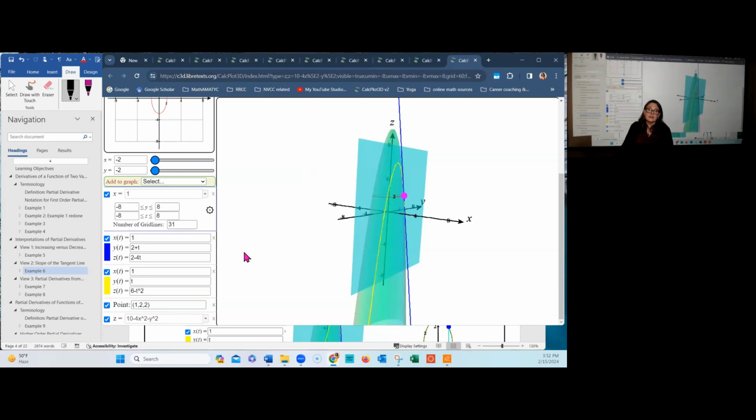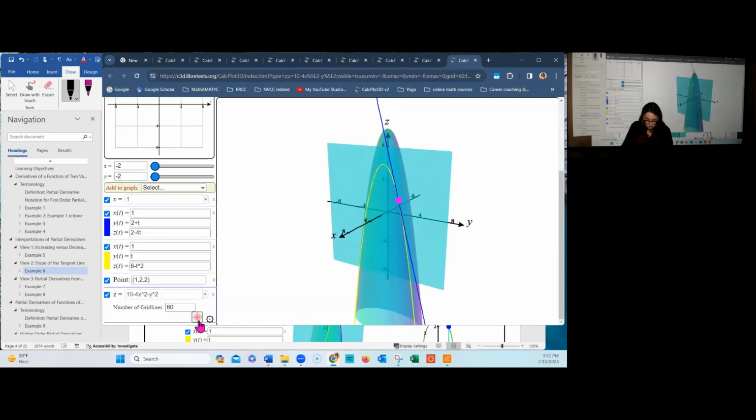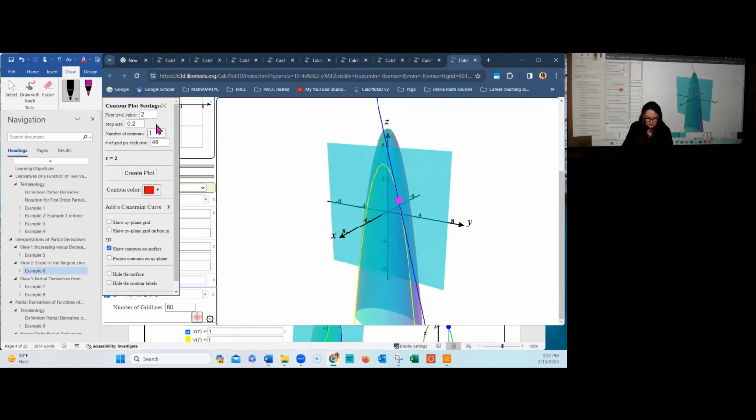And again, if we want to see that the trace and the tangent line are parallel to the y-axis at that point, we can go to the original function of the paraboloid, click on the contour plot symbol, select the z value at that point, which is 2, plot one contour plot, and then click on create plot.